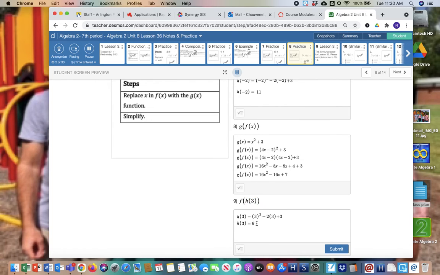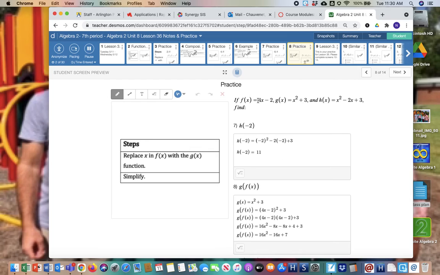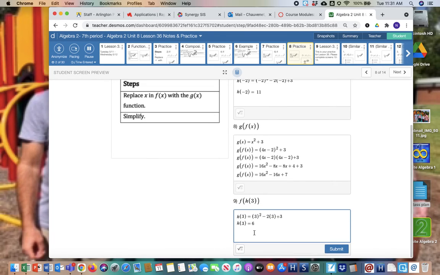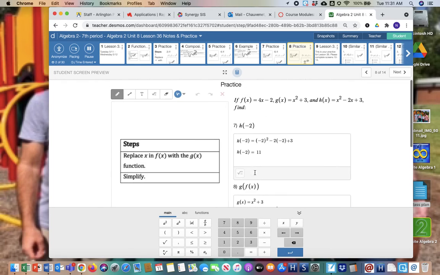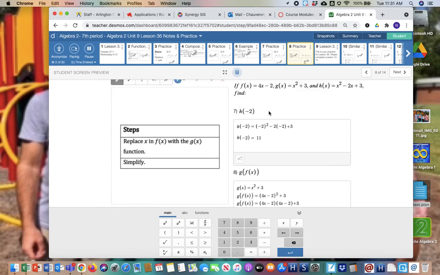Now that we know what that answer is, I'm going to put the 6 into f. So I'm going into the f equation. Here it is. I'm going to type 4 times 6 minus 2, right? When I say f of h of 3, remember, what am I really plugging in? Well, what did we just say h of 3 is? It's 6. So when I go to the f of x equation, I'm putting a 6 in there.